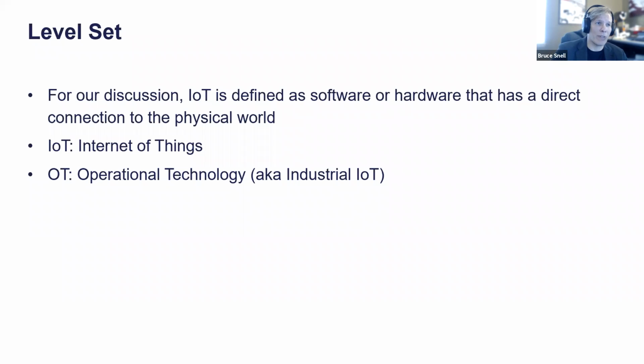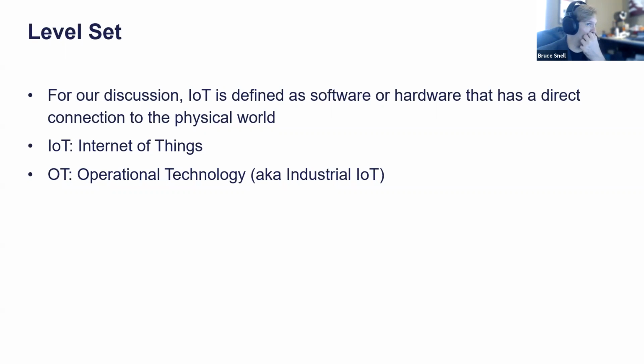You hear that referred to as IIoT sometimes, but this is IoT specifically for industrial controls and critical infrastructure, things like power plants, factories, and oil refineries. Those tend to fall under operational technology, or OT.